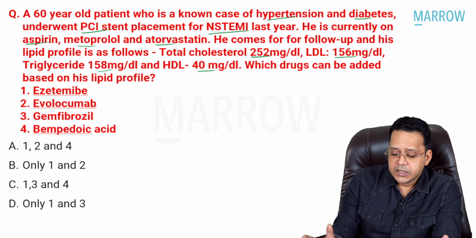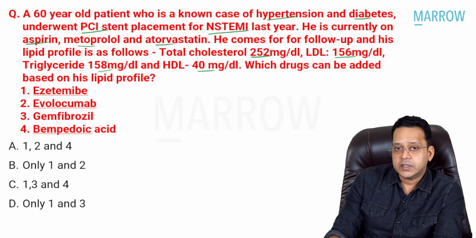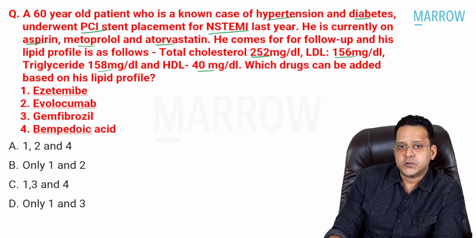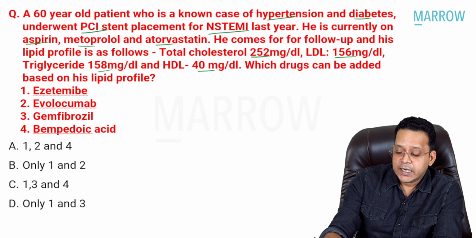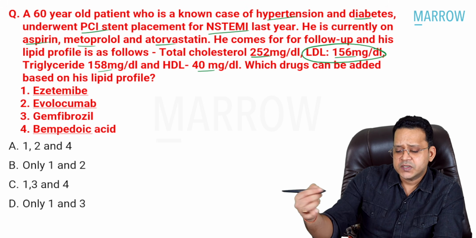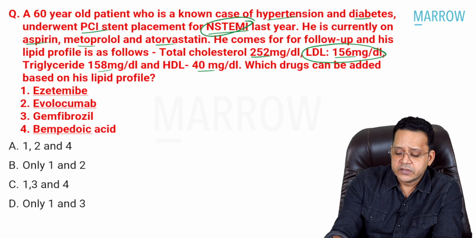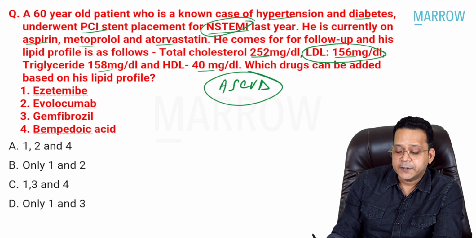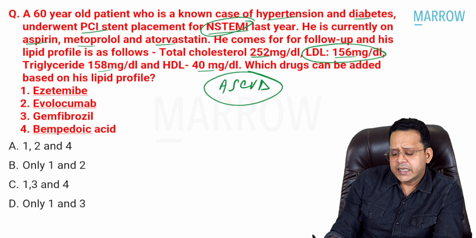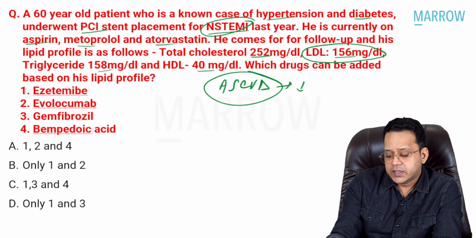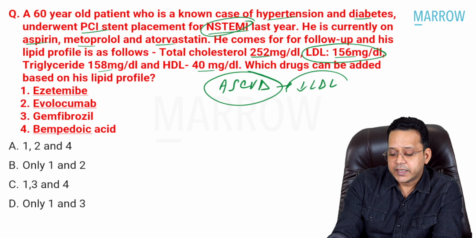Now see, here, despite giving atorvastatin, and I assume the maximal possible dose, LDL is still high, which means here is a patient of ASCVD, atherosclerotic cardiovascular disease, that is MI. And in ASCVD, our main aim is to decrease LDL and not triglycerides.